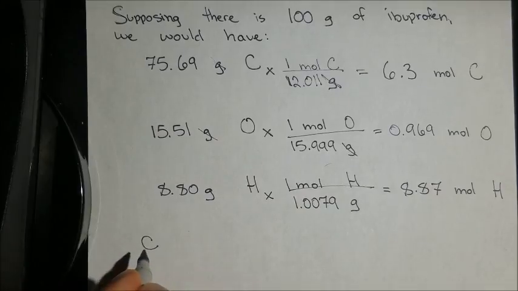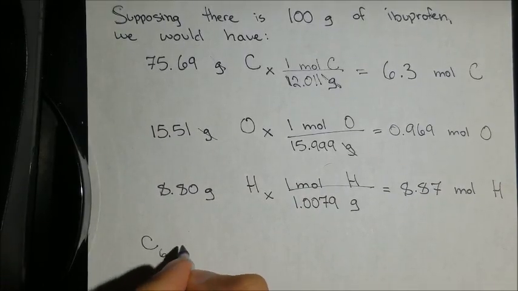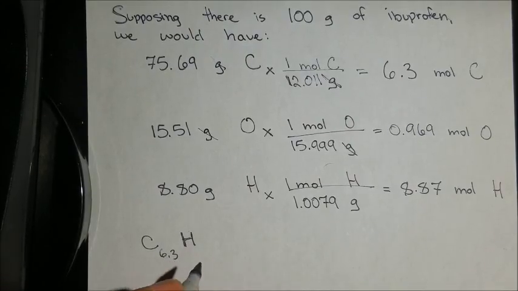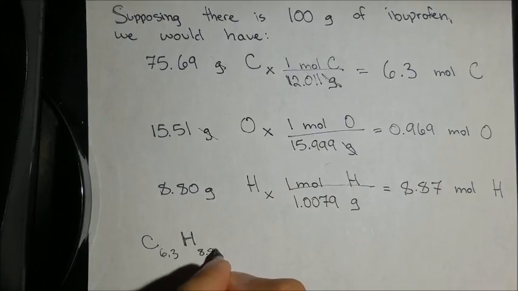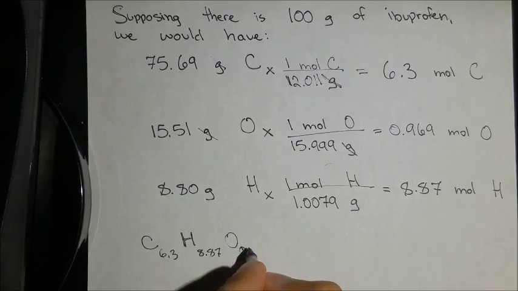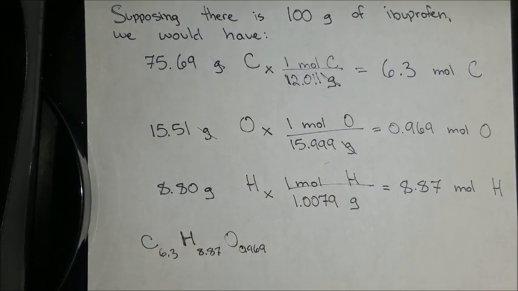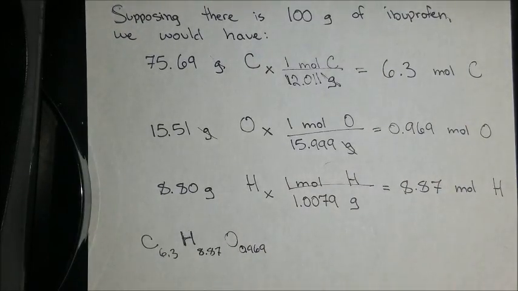So let's go ahead and start off with that. We've got 6.3 moles of carbon, and I'm going to stay consistent with how the problem is written. It does hydrogen first. So I've got 8.87 moles of hydrogen and 0.969 moles of oxygen. We just get these numbers from what we calculated here. That's our moles of each element.